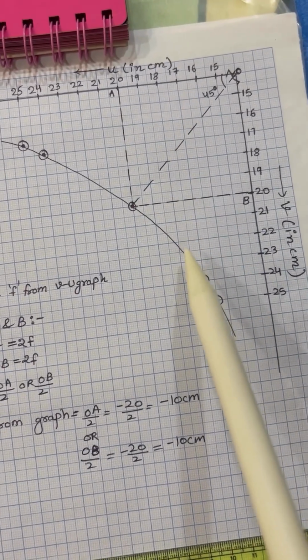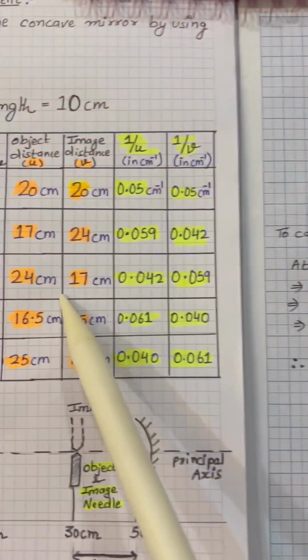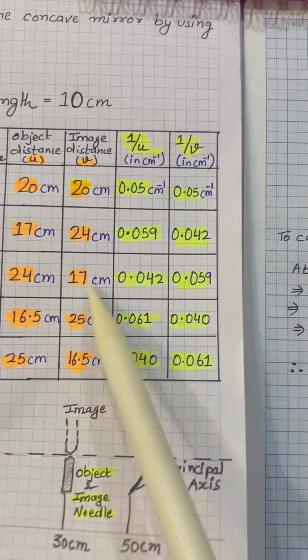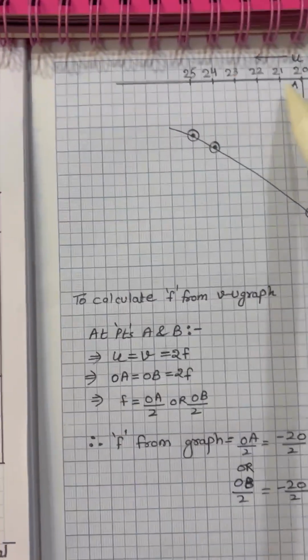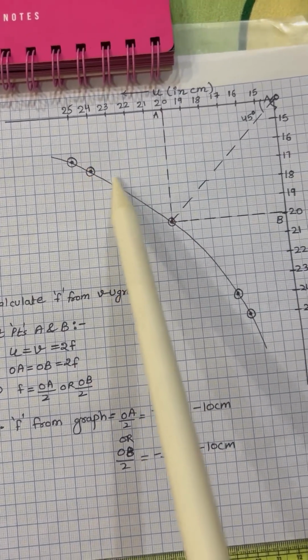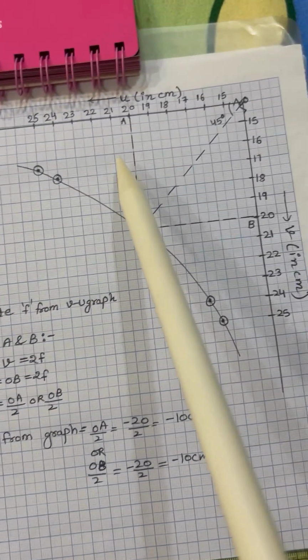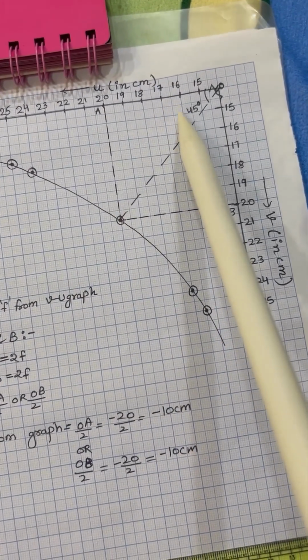And for one more reading, u and v are interchanged as shown, and again it is marked here. Then for the fourth and fifth readings, 16.5 and 26 are marked.